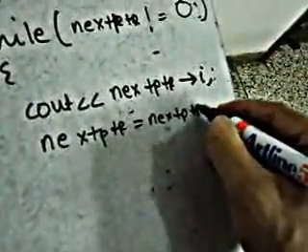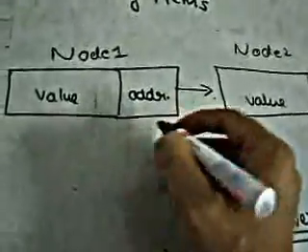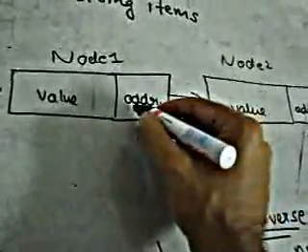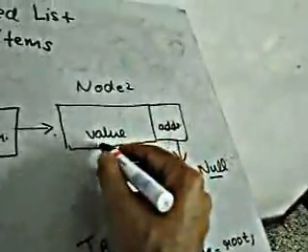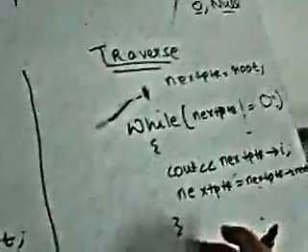Next ptr equal to next ptr next. Okay, now it will point to this, it will come here. Now it will get the address of the next node and it will go there. And this is how we can traverse the items.